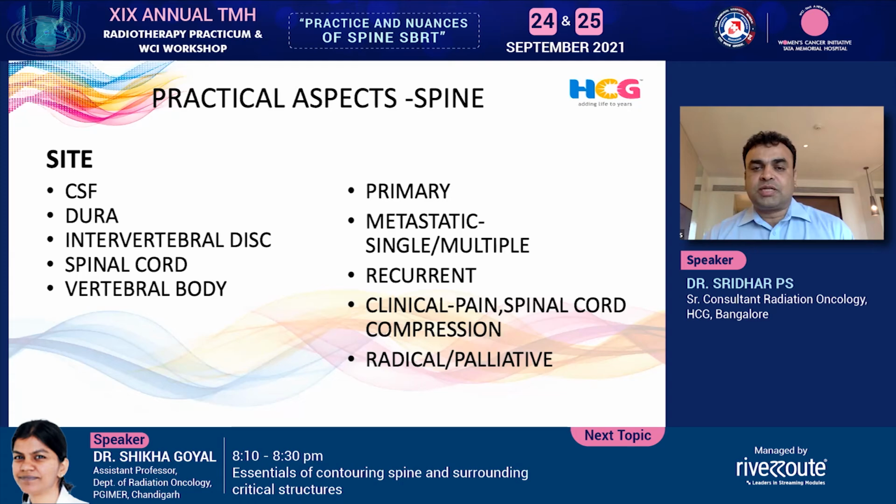Clinically, whenever you're making an immobilization for the spine, keep in mind these patients have a lot of pain. They have to be given very good painkillers, even a transdermal patch is not a bad idea, so that they can lie down comfortably in the immobilization device, and sustain lying in the same position for a minimum of 15 to 20 minutes, either for image acquisition or treatment.